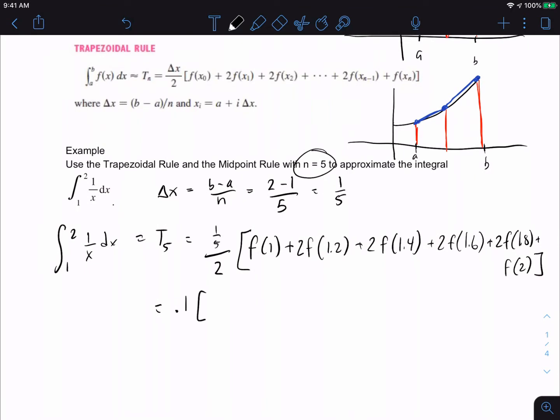So f of 1, remember we're plugging into the function, and so we're plugging into the 1 over x.